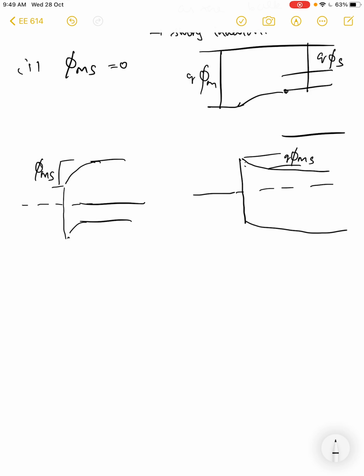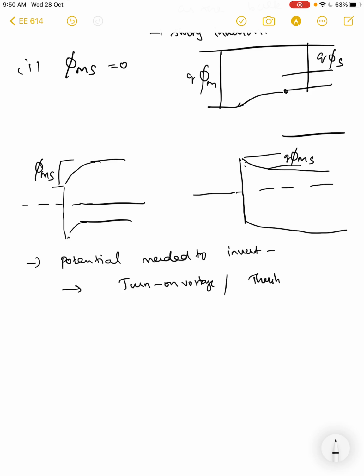So under these situations, the actual voltage which is needed to invert the channel, the potential needed to invert, is called the turn on voltage or threshold voltage, and it is defined as Vt.